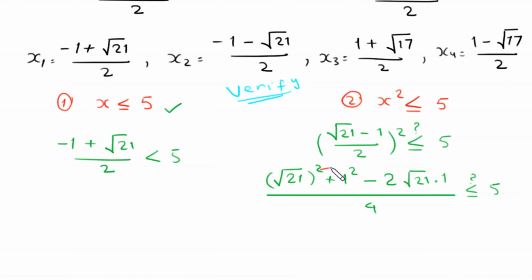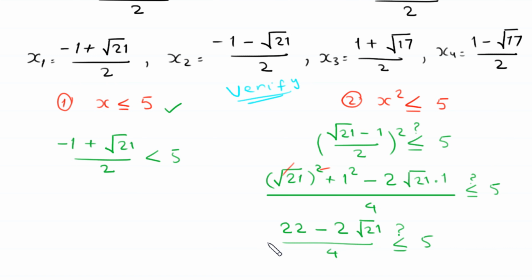Now this square will be cancelled out with this square root, and 21 plus 1 is 22 minus 2 times root 21 divided by 4. Is it less than or equal to 5?